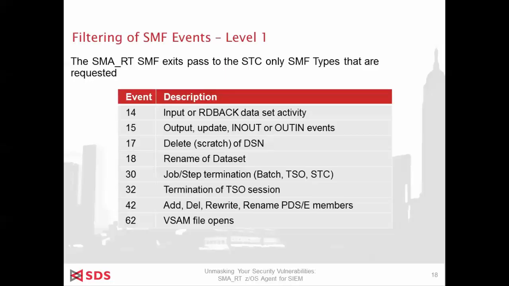So below are some of the SMF events or the record types that can be presented to Smart for further processing. So SMF 14, 15, 17, 18, which is the rename of a dataset, 30. So that's when a batch job terminates or a started task goes up and down. Termination of a TSO event.